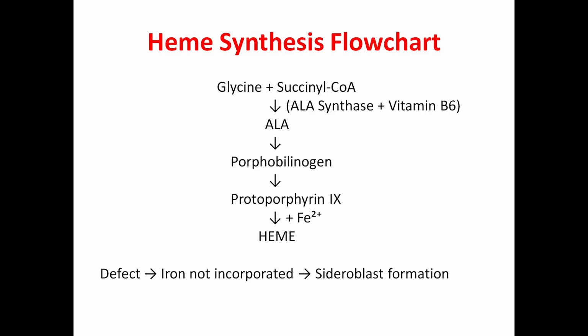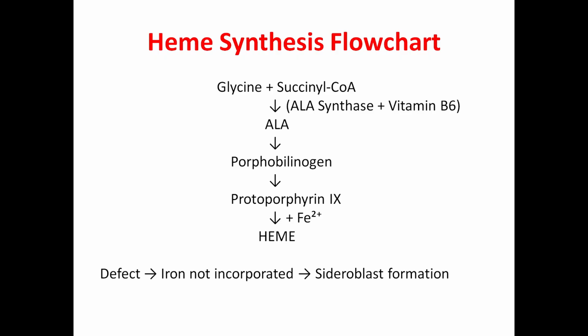Here is the pathway of normal heme synthesis: glycine plus succinyl-CoA create aminolevulinic acid. Then aminolevulinic acid is converted to porphobilinogen, then to protoporphyrin 9 with the help of the cofactor Fe2+. This protoporphyrin 9 is converted into heme.